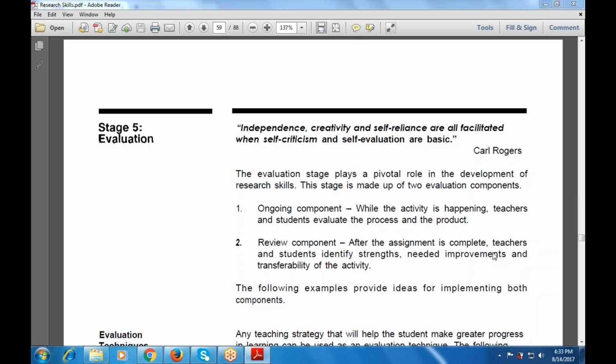The evaluation stage also plays a very vital role in the development of research skills, and this stage is made up of two evaluation components. One is the ongoing component, one is the review component.